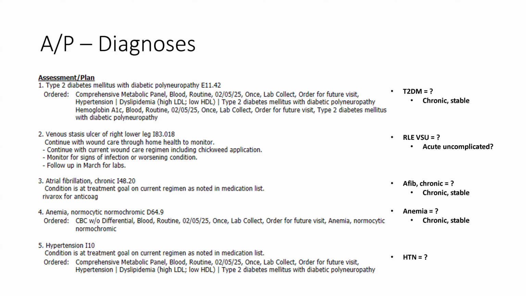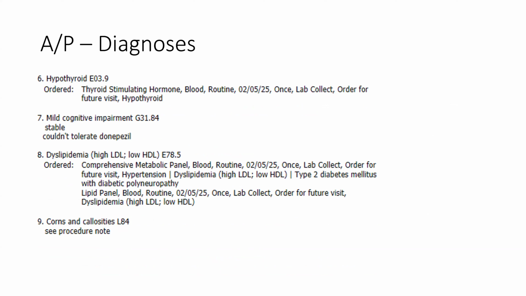Hypertension, chronic stable. Hypothyroidism, it's not stated otherwise, so it's going to be chronic stable. Cognitive impairment, it's not stable. It's anemia, chronic stable as well. So we're racking up the chronic stable.